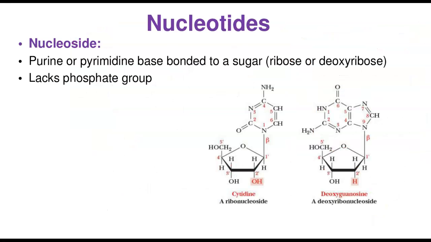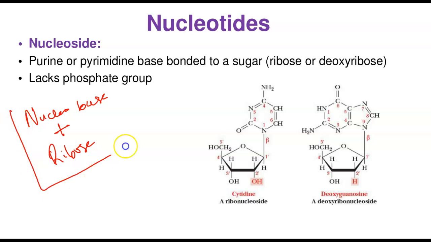It forms a nucleoside. So a nucleoside simply means a nucleobase plus a ribose sugar. It could be ribose, it could be deoxyribose. Remember, the deoxyribose is the one found in DNA, and the ribose is in RNA.